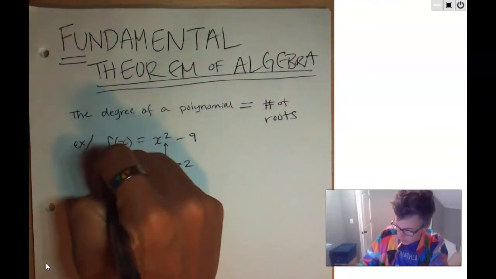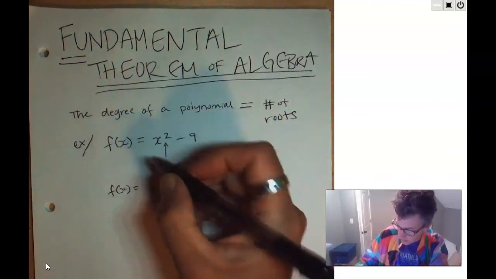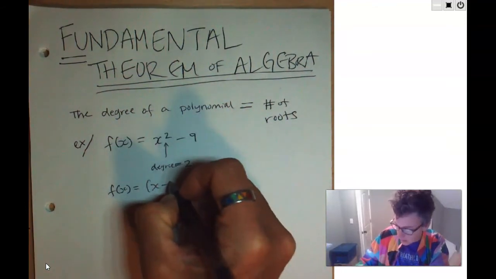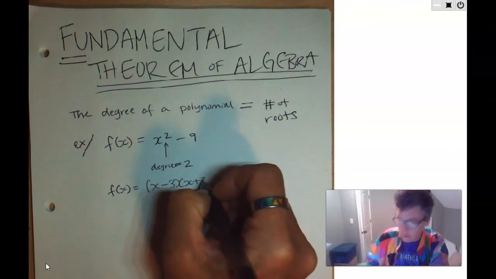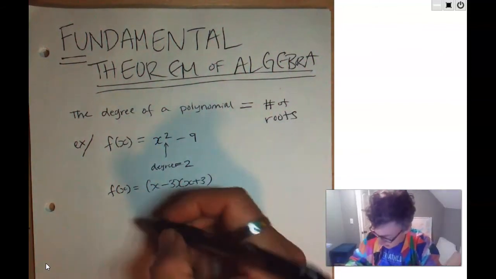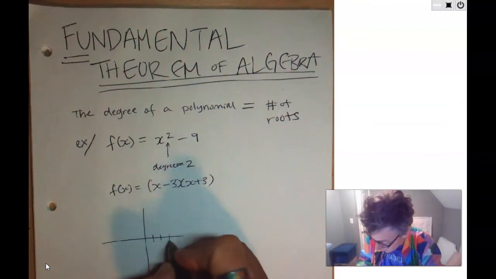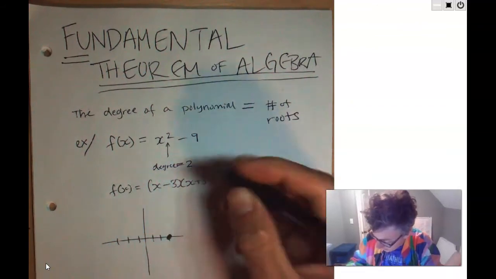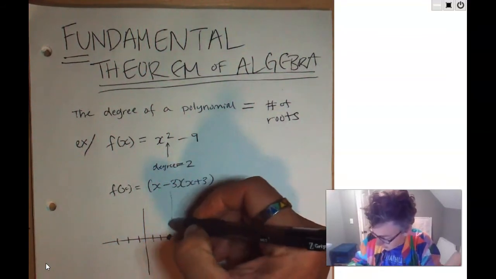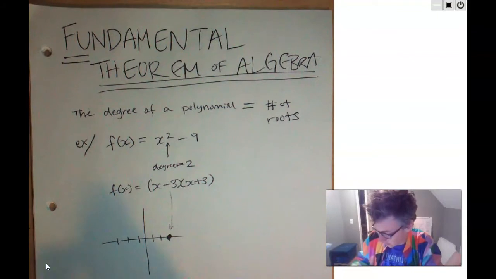Now if we put this in factored form, this would factor to x minus 3 and x plus 3. And when we graph this, we would see 1, 2, 3, 1, 2, 3. We would have a root at positive 3 from this factor, because you set each of these equal to 0 and solve.